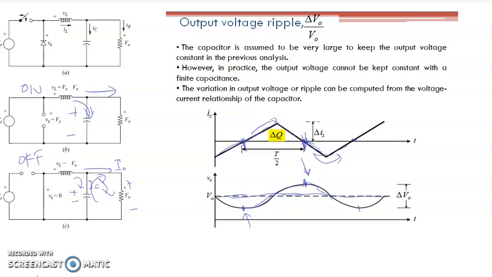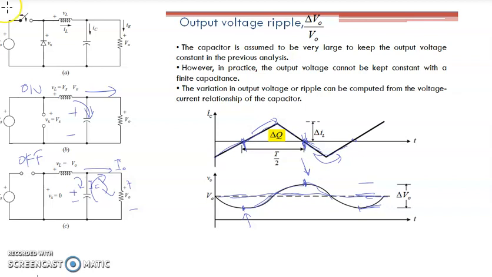The amount of minimum and maximum magnitude here is considered as delta Vout. So the output voltage ripple is equal to delta Vout divided by Vout, how much the ripple is divided by the average Vout.